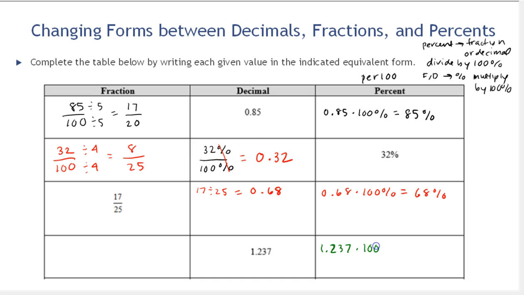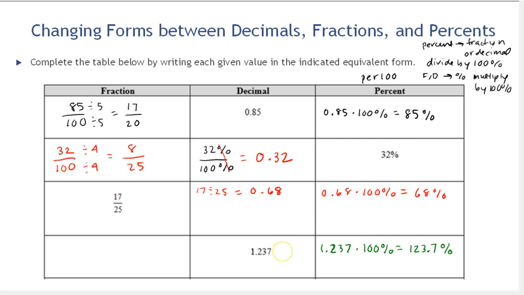Using the process of multiplying by 100%, this 100 moves it 2 decimal places to the right, which you could verify on your calculator, which is 123.7%. So this is greater than 100, and that's why using the percent symbol is helpful, because you see when you multiply that the percent symbol doesn't cancel out like it did in this problem.